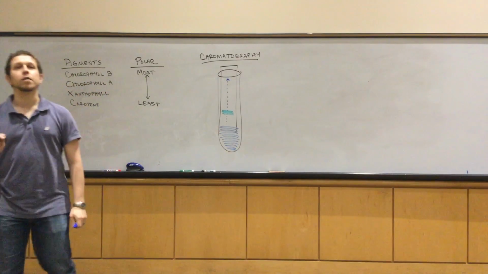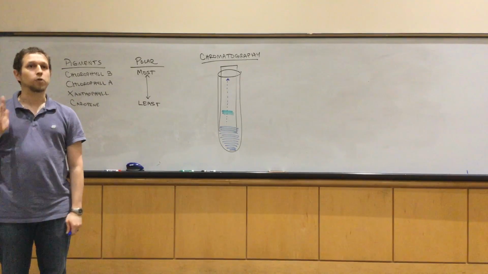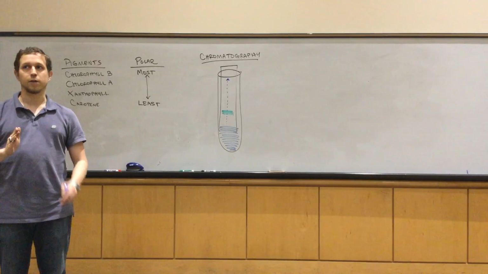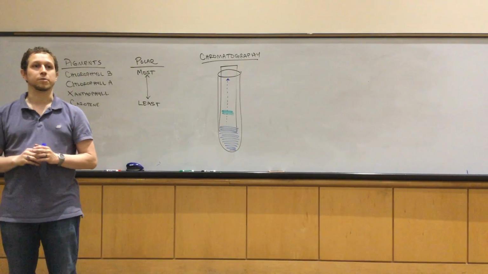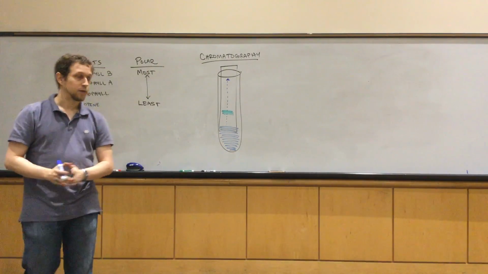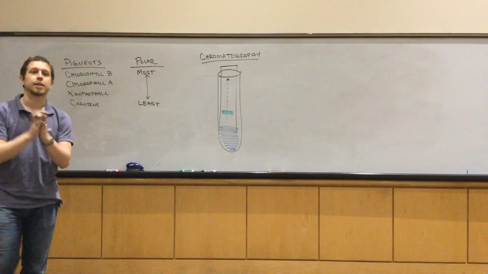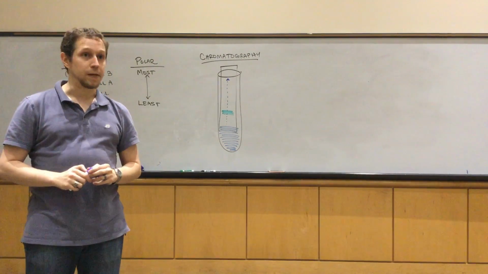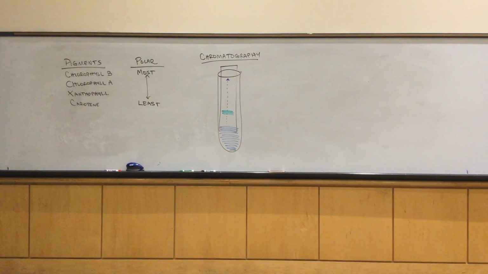The paper becomes polar. What kinds of molecules do polar molecules like to interact with? Do they want to interact with nonpolar molecules or other polar molecules? Other polar molecules. Which of these molecules is going to have the highest level of binding with the paper? Chlorophyll B. Now, here's what I need you to understand, because a lot of students don't understand what's happening here.